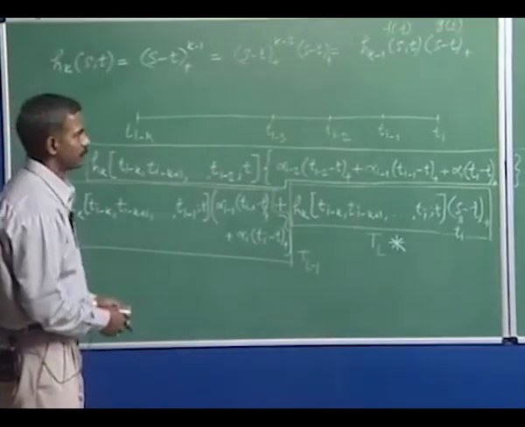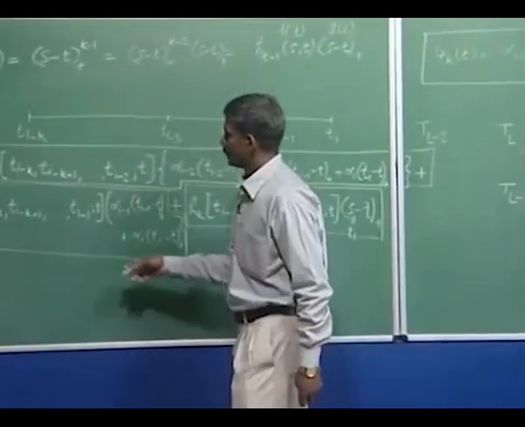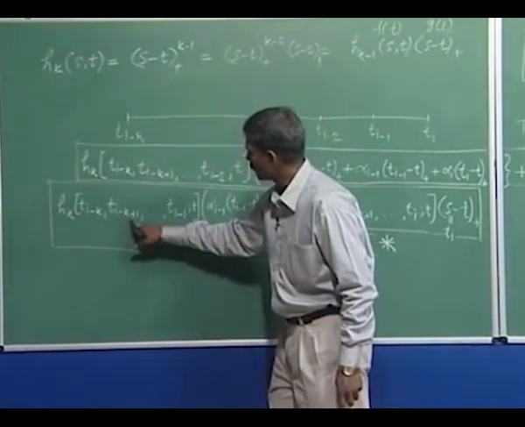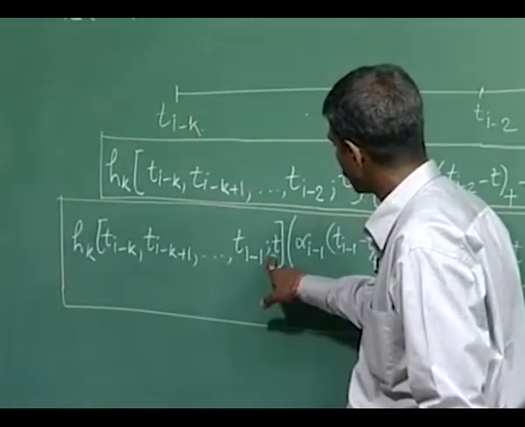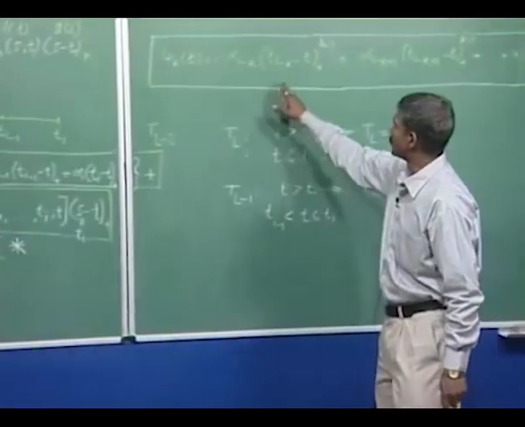And let's verify that. So h_k[t_{i-k}, t_{i-k+1}, ..., t_{i-1}; t] will be very similar to this expression here.